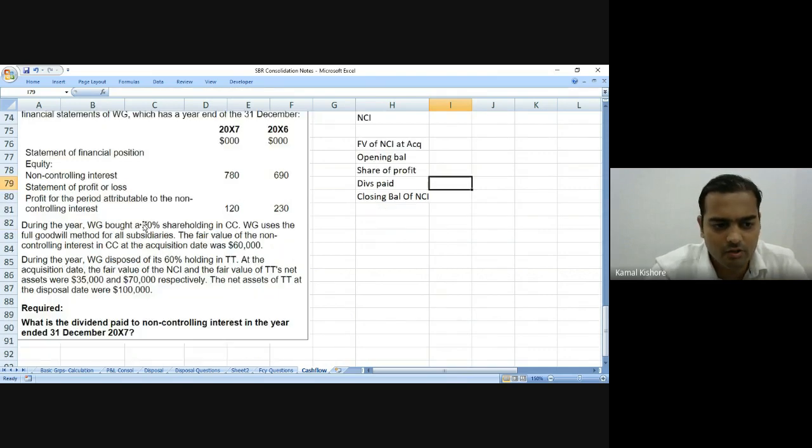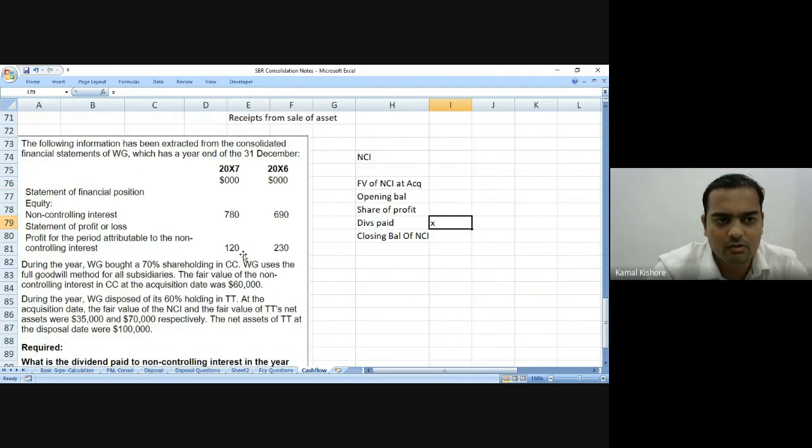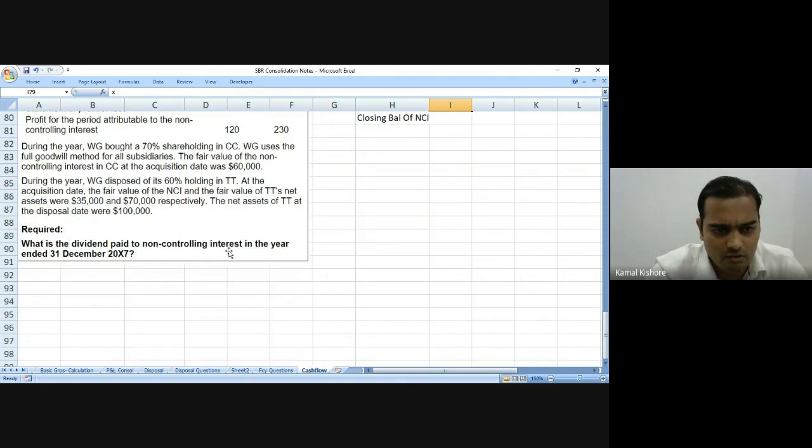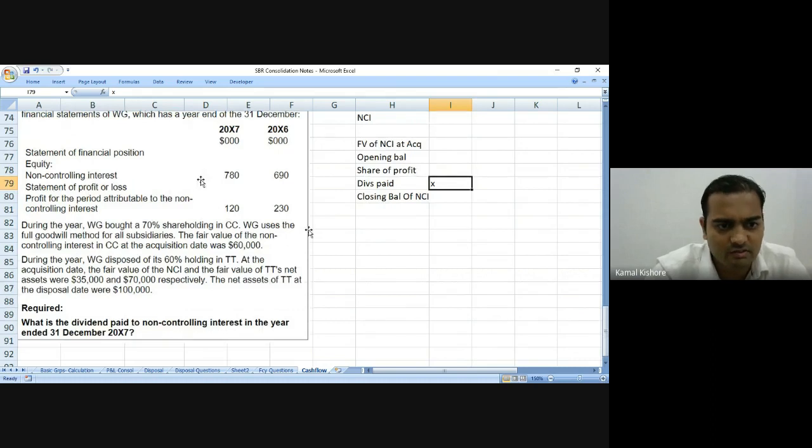And this is what they are asking: calculate the dividend paid. This is the X number which we have to understand. So NCI value is given, opening balance is given, and closing balance is given, as at 31st of December: 690 and 780. Then profit for the period attributable to NCI.